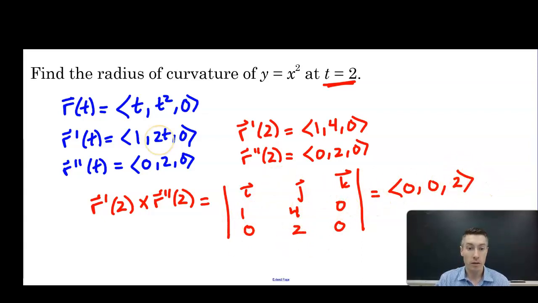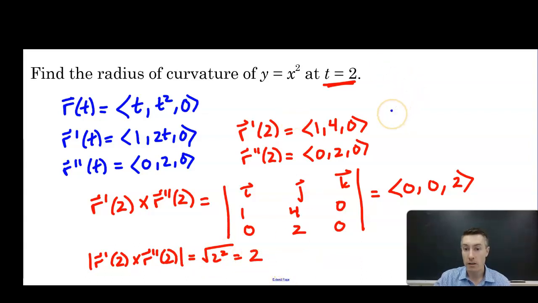So the nice part about defining the plane curve as a vector function is the cross product becomes pretty easy to compute with the zeros as the k components. So then we need the magnitude of r prime of 2 cross with r double prime of 2. So that's square root of 2 squared. So that's just 2.